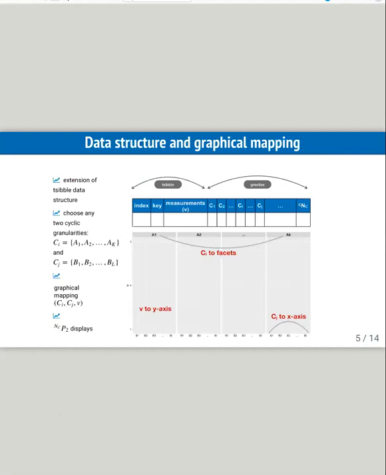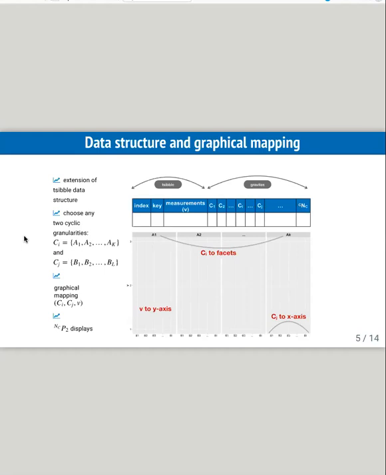Talking about the data structure that we want to consider for visualization, a tsibble is a temporal data structure that consists of index, key, and measured variable. An index is a variable with inherent ordering from past to present, and a key is a set of variables that define observational units over time.